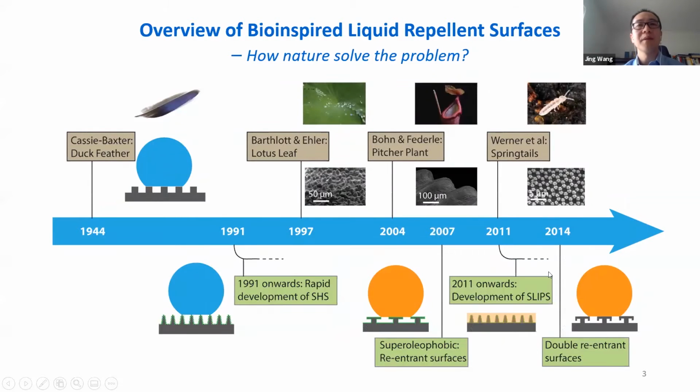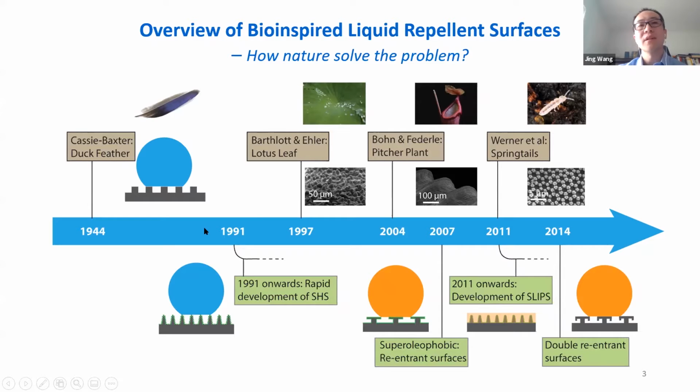People have been studying the interface and how to reduce interfacial adhesion for more than 100 years, starting from Young's equation. In later years, for example, Cassie and Baxter found the Cassie-Baxter relationship.